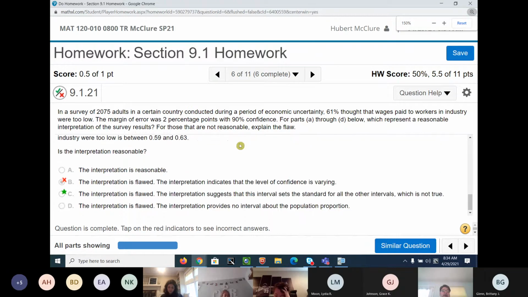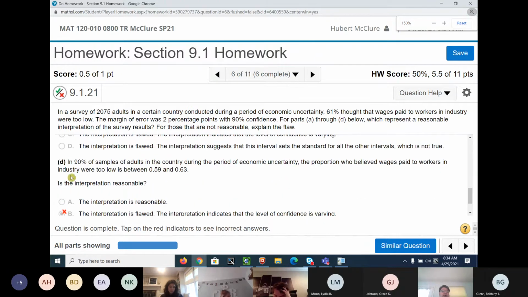It says right here, in 90% of the samples of adults in the country during the period, blah, blah, blah, the proportion who believed wages paid to workers in the industry were too low is between 59% and 63%.